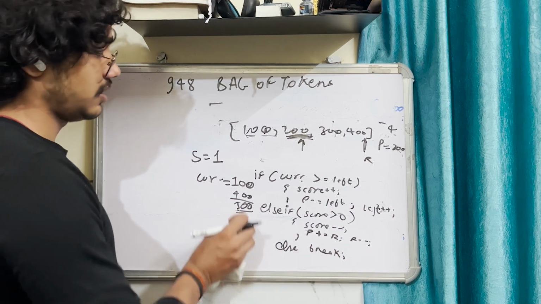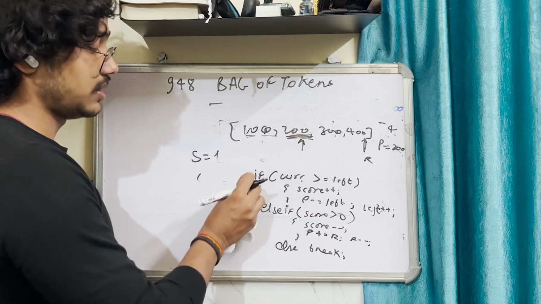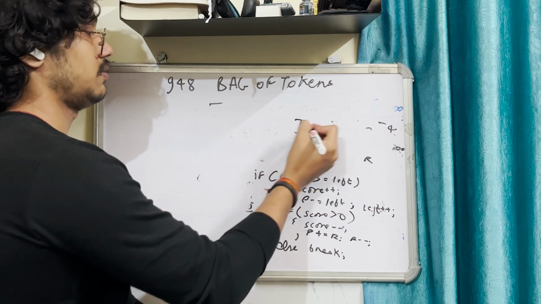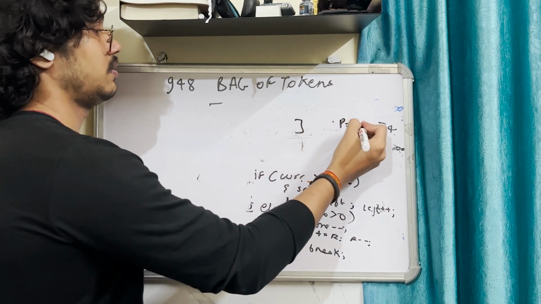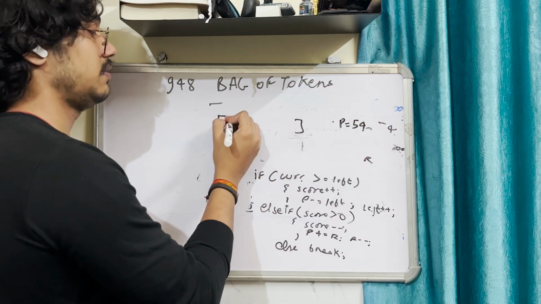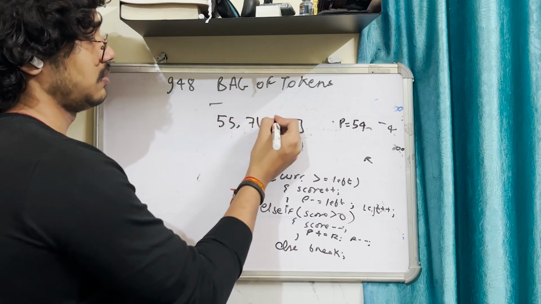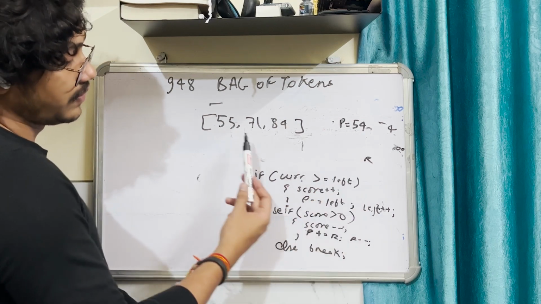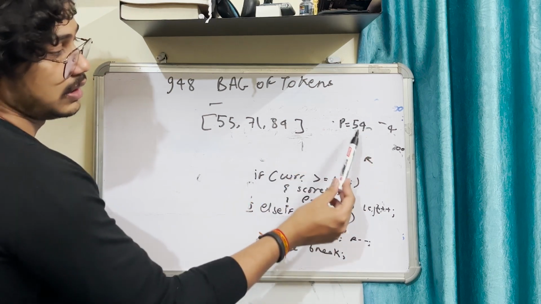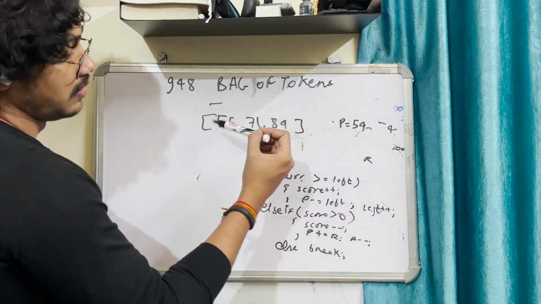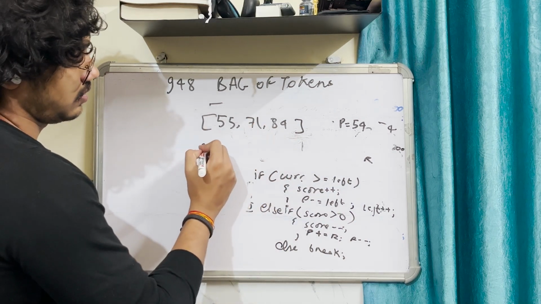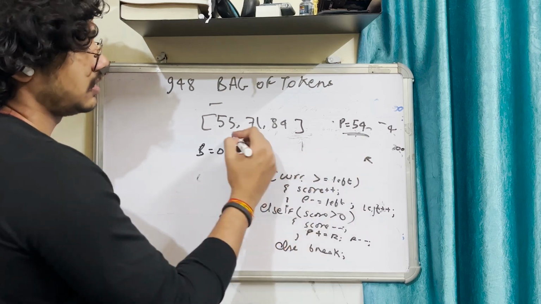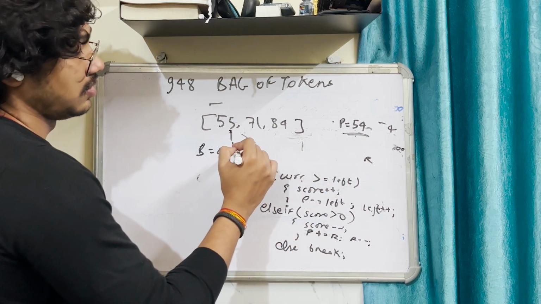Why I'm saying this, I have to use that old example. Power was equal to 54, value was 55. I don't remember the exact value. If the current power is 54 and your score is 0 initially, power is less than the power at the left.